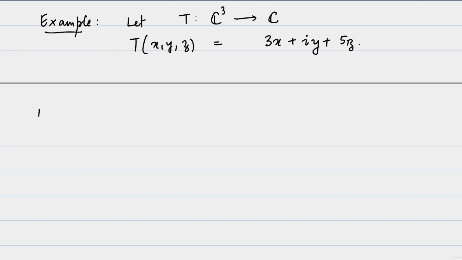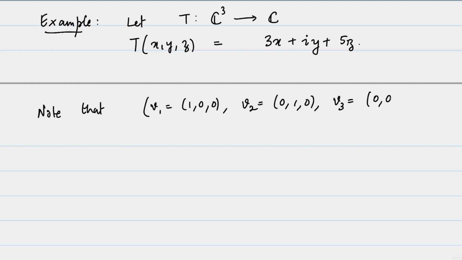I'll just note that beta, so V1 is equal to 1, 0, 0, V2 is equal to 0, 1, 0 and V3 is equal to 0, 0, 1. This is an orthonormal basis with respect to the standard inner product.